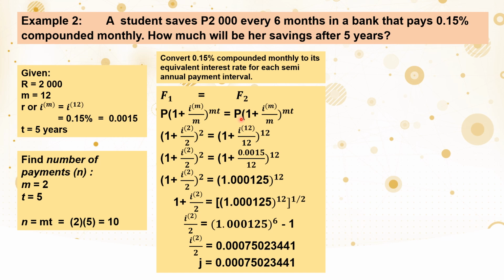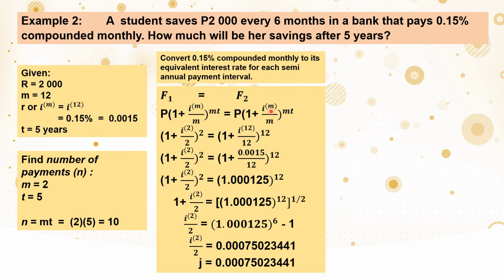Drop P, drop T. So, here in F sub 2, our M, since F sub 2 is the interest rate compounded monthly, so monthly, M is 12.